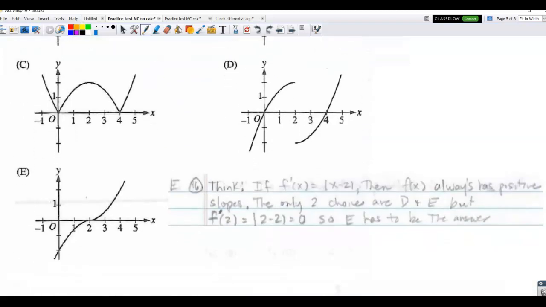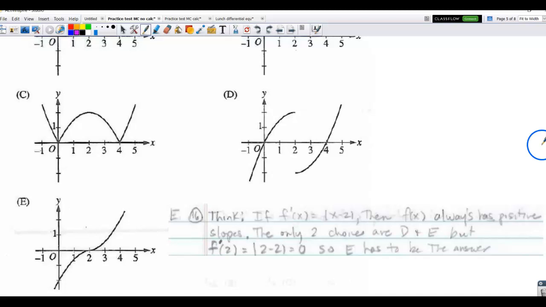So come down here and consider the note. If f prime is equal to the absolute value of x minus 2, then f of x always has positive slopes. And if f prime is always positive, f is increasing.